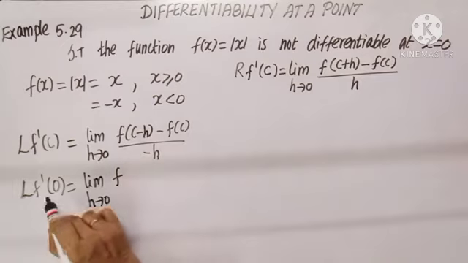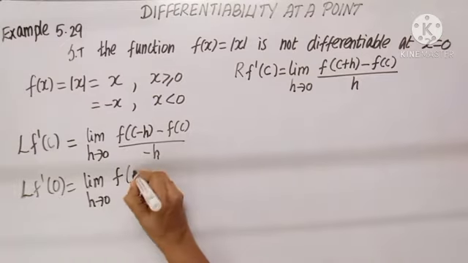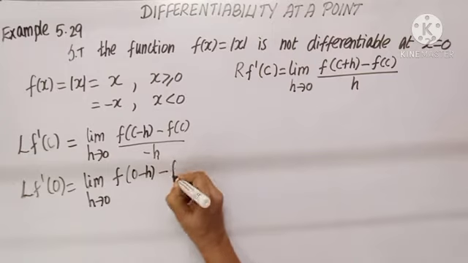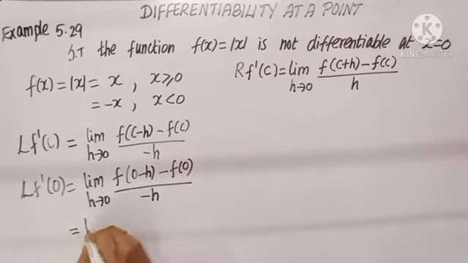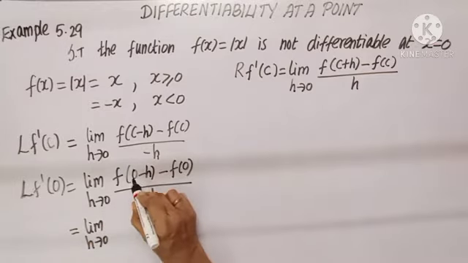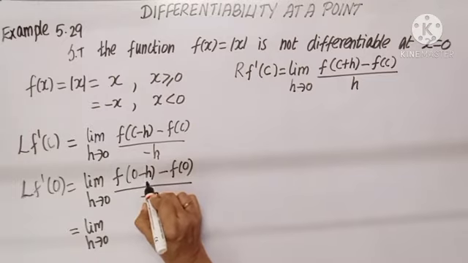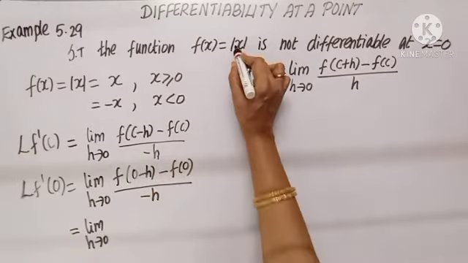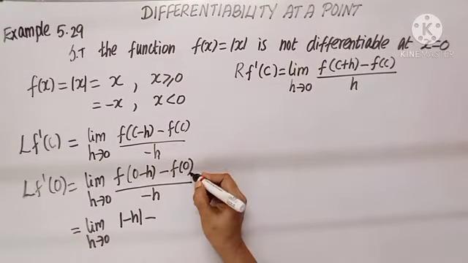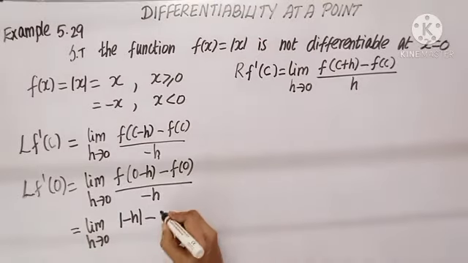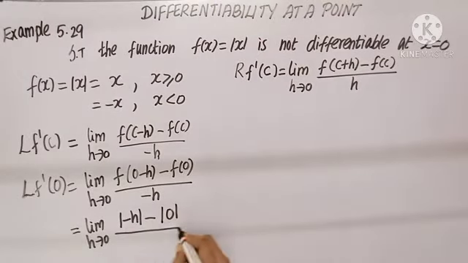Instead of c, I am checking at 0. f(0 - h) is f(-h), and f(x) is mod x, so put modulus of -h minus modulus of 0, divided by -h.